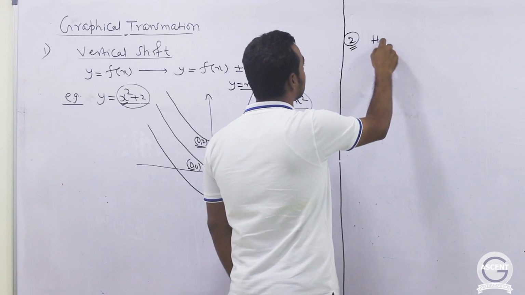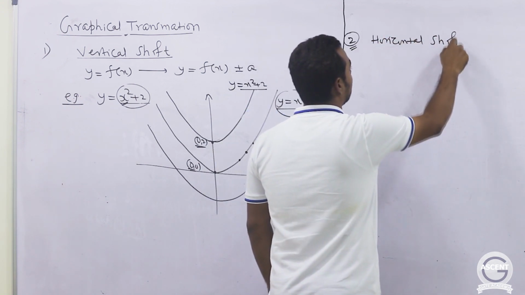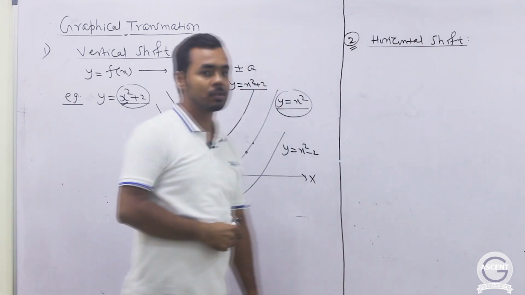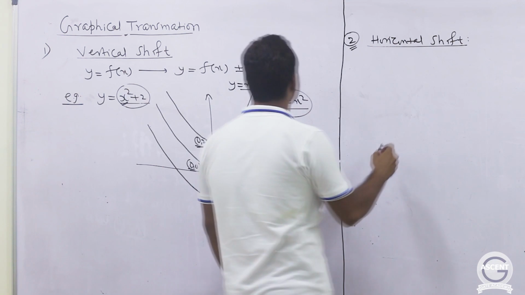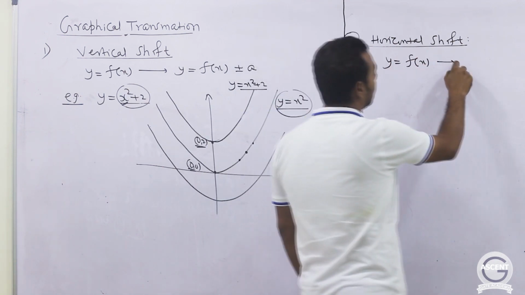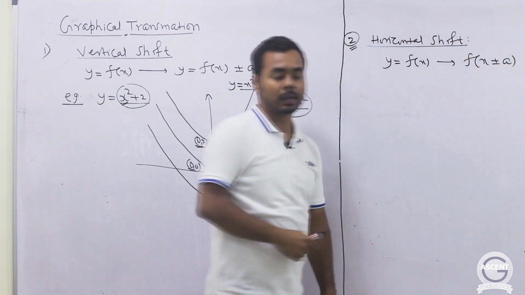The next one is horizontal shift. In horizontal shift, the graph of one function is known. Here the transformation will be: the graph of this function y equals f of x is known, and we need to draw the graph of this function f of x plus or minus a.